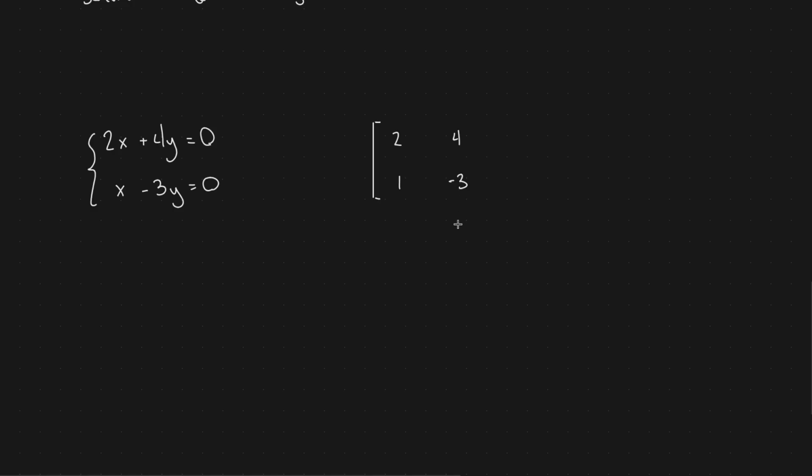The left side of the augmented matrix is the coefficient matrix. The right side are the zeros. And then we could get this thing into reduced row echelon form. This one's simple enough. I'm going to go ahead and do it by hand. So first I'm going to swap row 1 and row 2.